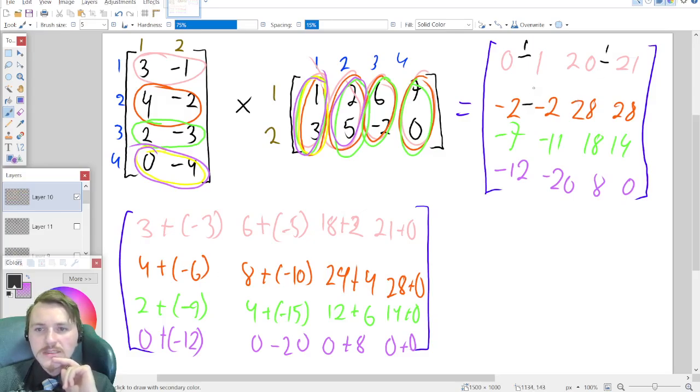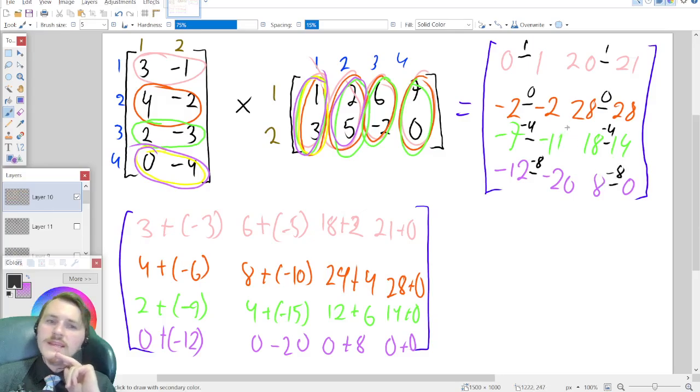What's the difference between these two? 0. 0. Difference between these two? 4. Alright, if we wanted to, we could say negative 4, sure. Difference between these two? Negative 8. This is a pattern that we kind of see emerging here.